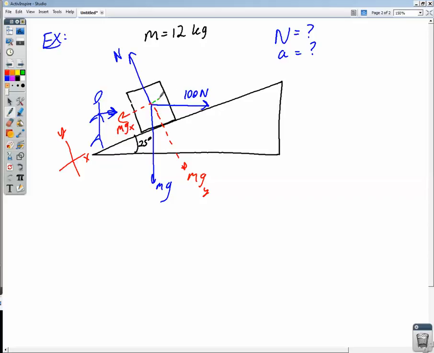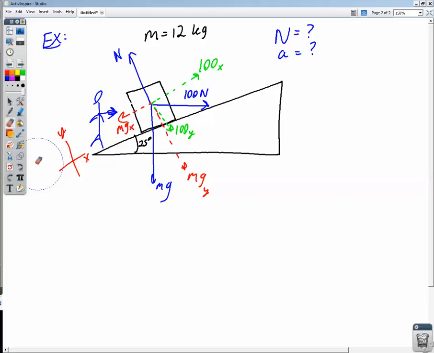And our 100 Newton force also has two components because it is not going in the straight x and y directions. We've got the component of 100 newtons going up the ramp, and we've got the component of 100 newtons going perpendicular to the ramp. I don't want to name them 100x and 100y.